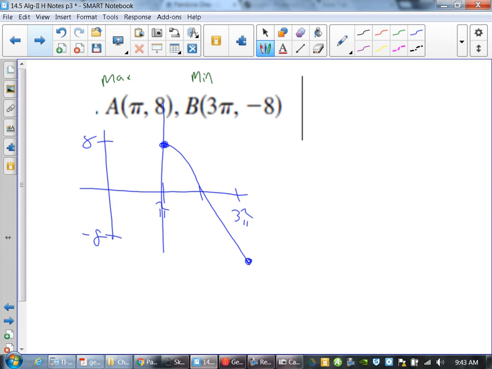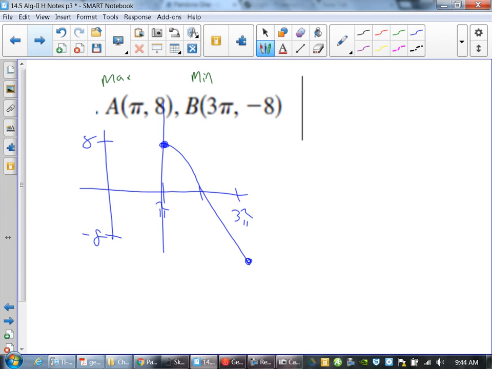If we want to set it up with a sine or cosine, really, let's do this. Start with the idea that you have a maximum and a minimum. Let's figure out our period. What's the distance between pi and 3 pi? 2 pi.